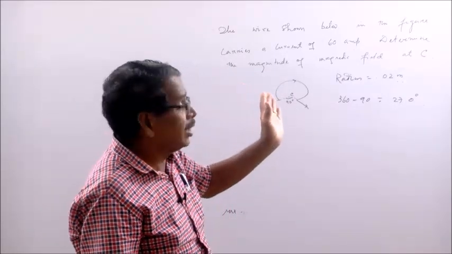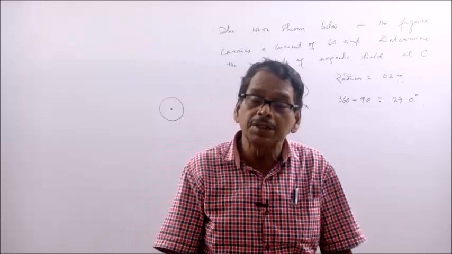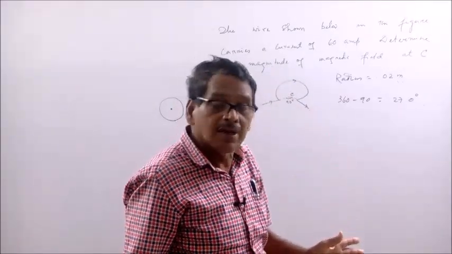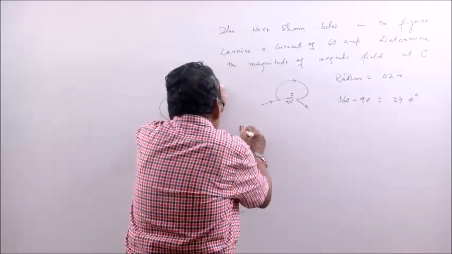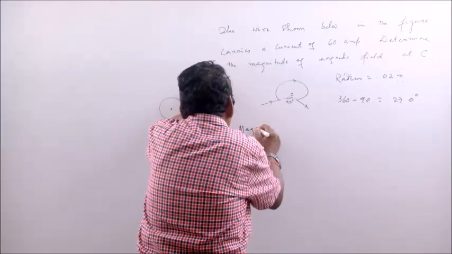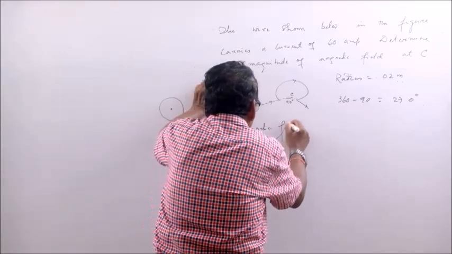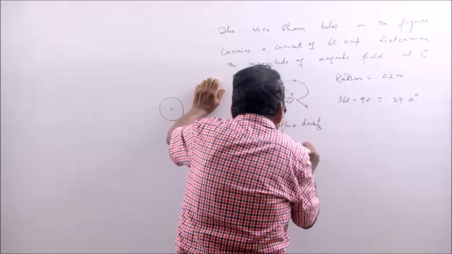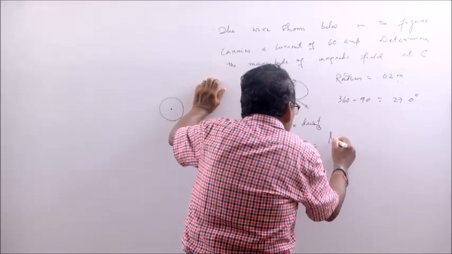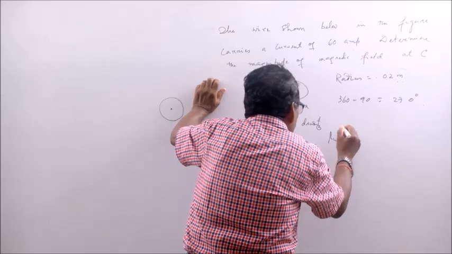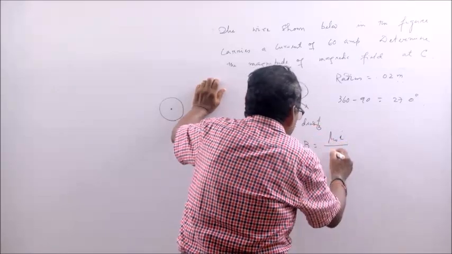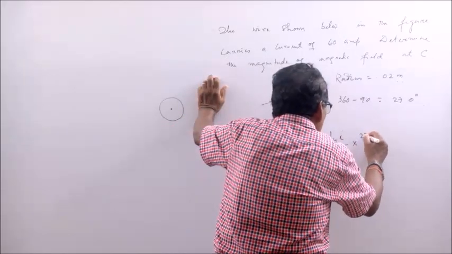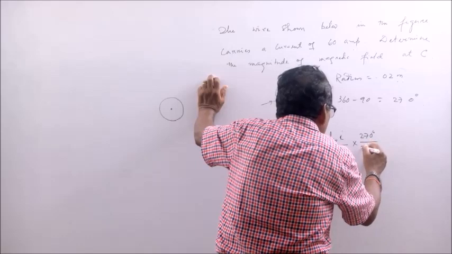For 360 degrees, what is the magnetic field? Mu 0 I by 2A. So for 270 degrees, what will the magnetic flux density be? B is equal to mu 0 I by 2A for 360 degrees, so this will be multiplied by 270 by 360.